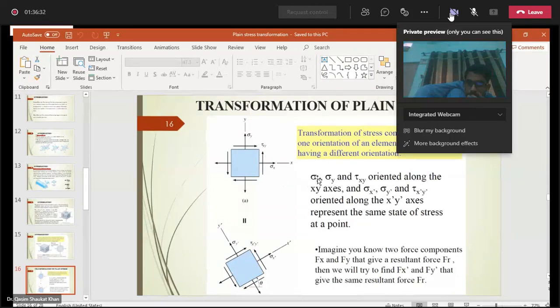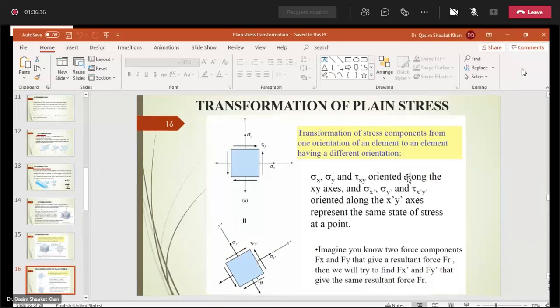These are oriented along x and y, whereas now you have transformed axes at an angle theta. This is angle theta. So the x dash axis is oriented at an angle theta with the x axis, and similarly your y dash axis is oriented at angle theta with respect to the y axis.